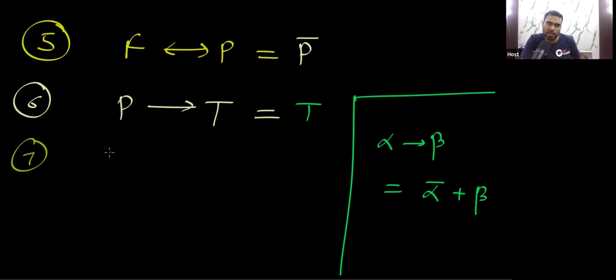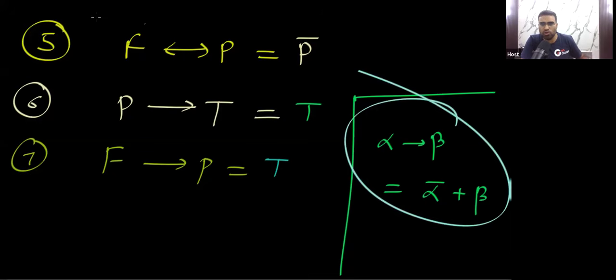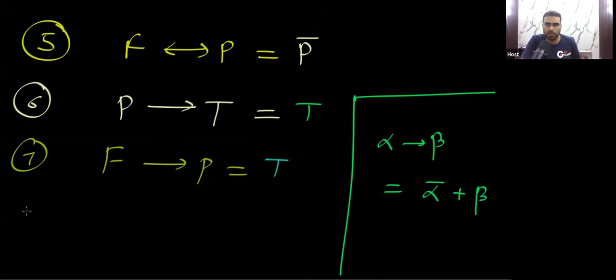Similarly, if you have false implies P, if the LHS is false, then the entire thing will be true. Using this rule, you can solve it. And one more thing: what will P implies false be?